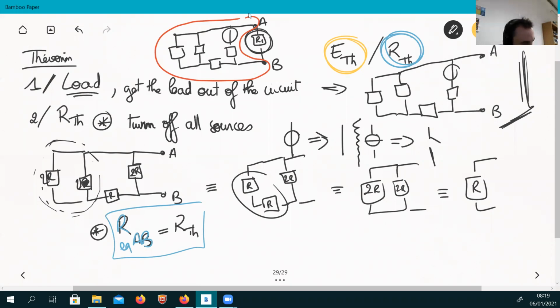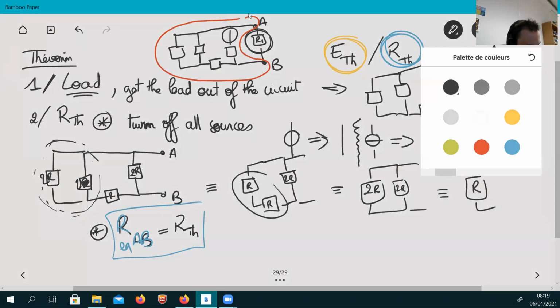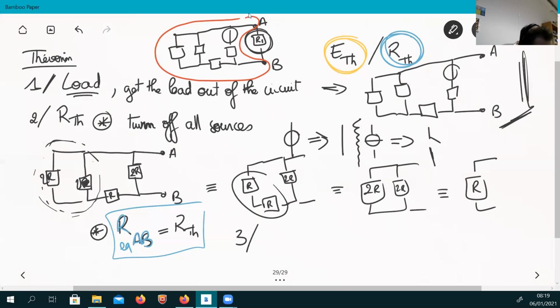So to get ETH, first thing is to not forget to turn back on all sources.